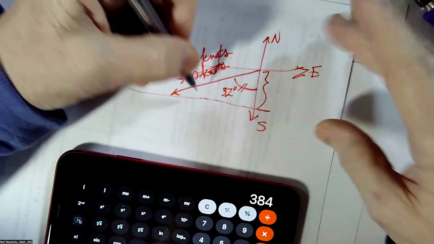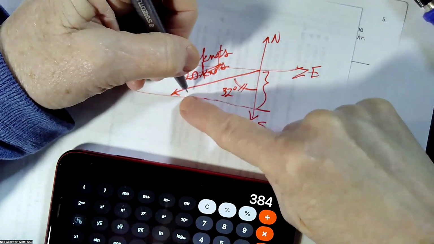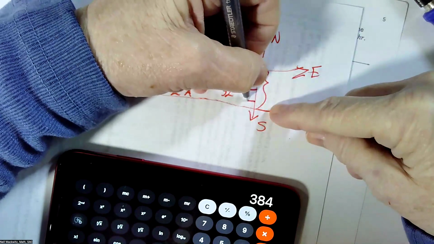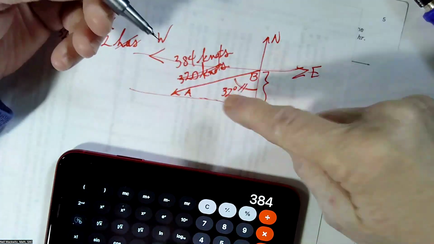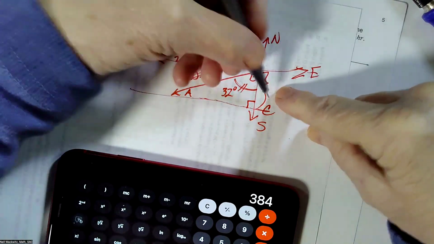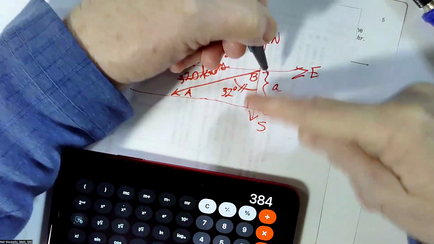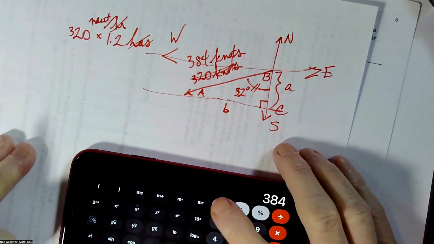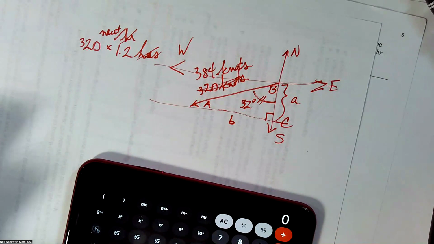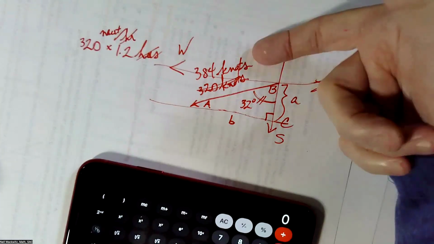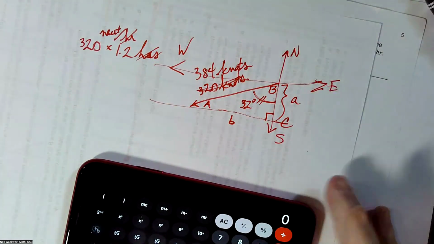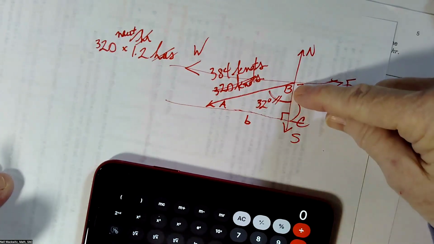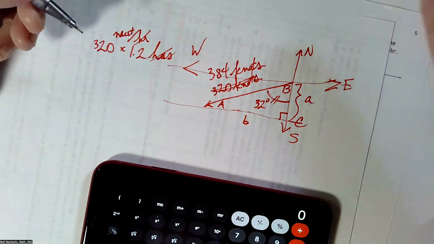And I'm going to use the convention, always: the lower angle is A, the upper angle is B, the right angle is C. So we know B, that means the vertical distance is little a, the horizontal distance is little b, and I only know the hypotenuse. So the easiest way to find little a and little b from angle B's point of view is to do sine and cosine.